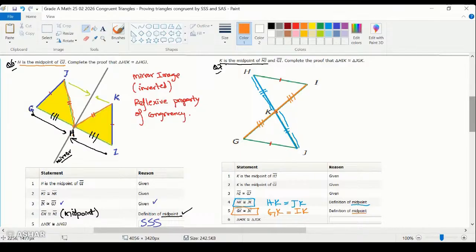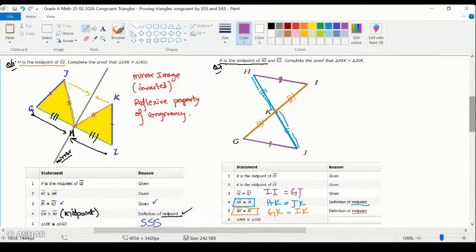Do we have any angle given? We don't have an angle, but they are still saying that this length is equal to this length, right? They're again telling us the third length equals the third length. So we can say that HI and GJ are also equal, right?